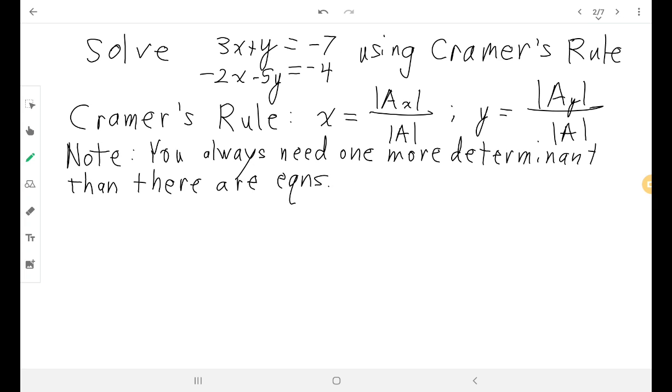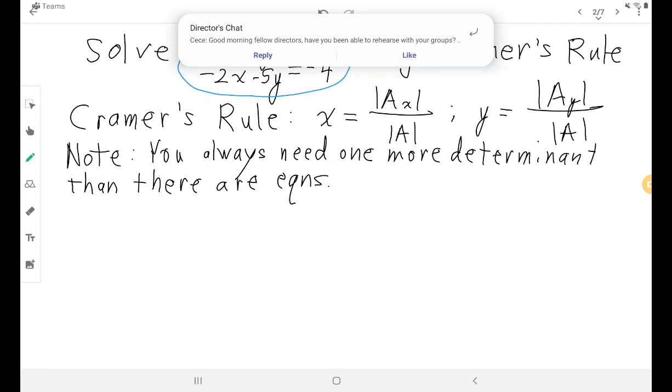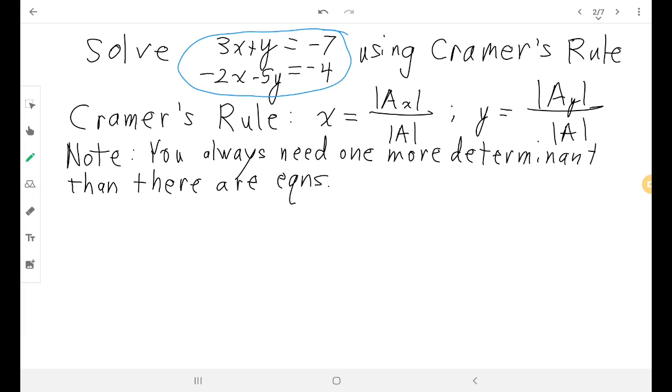So let's consider solving this system of equations. Matrices and Cramer's rule allows us to solve systems, okay?